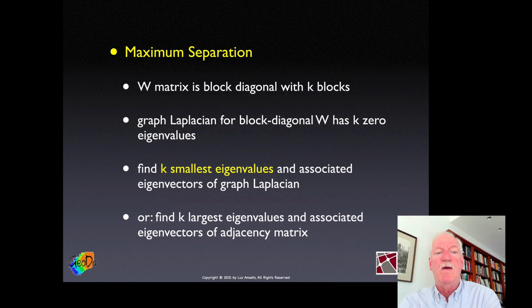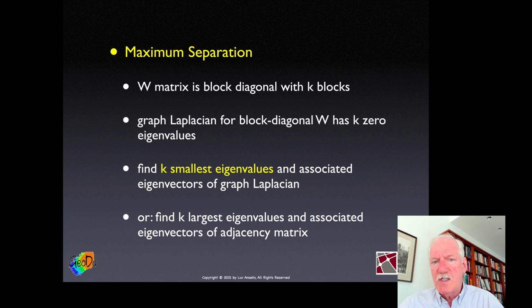As I mentioned already, if this adjacency matrix is block diagonal with k blocks, then, as it turns out, this is where our friends the eigenvalues and eigenvectors come into play. For a block diagonal adjacency matrix of k blocks, k of the eigenvalues are 0. So in an ideal situation where we have so-called connected components that are only connected internally and not between each other, then we have exactly k zero eigenvalues.